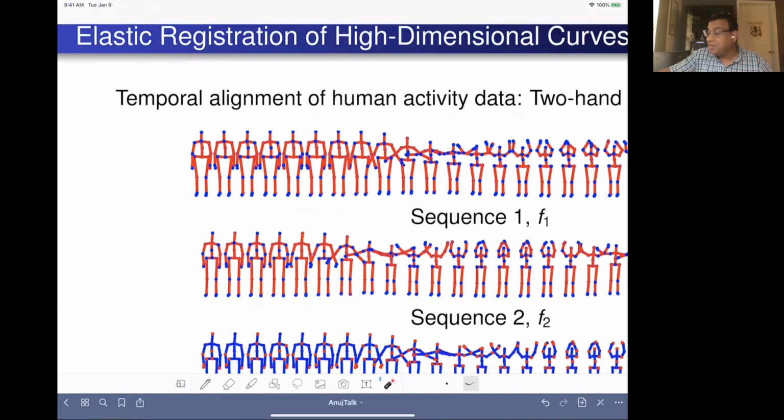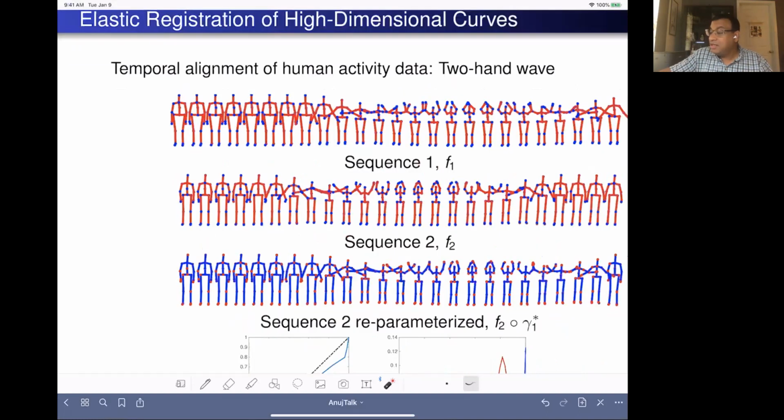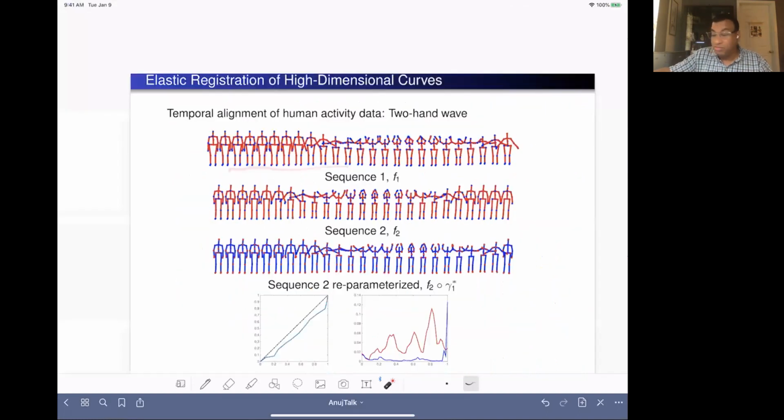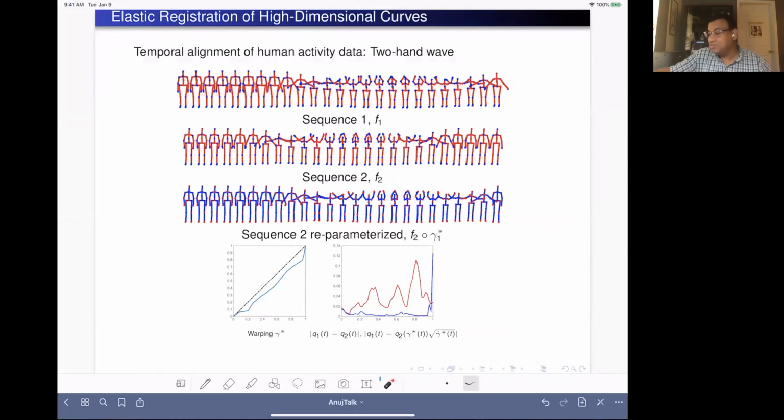We have one observation, one curve in 63 dimensional space. We have another curve in 63 dimensional space. And we want to know what is the registration. In one sequence, the person lifts hand here. In another sequence, the person lifts hands a little bit earlier.